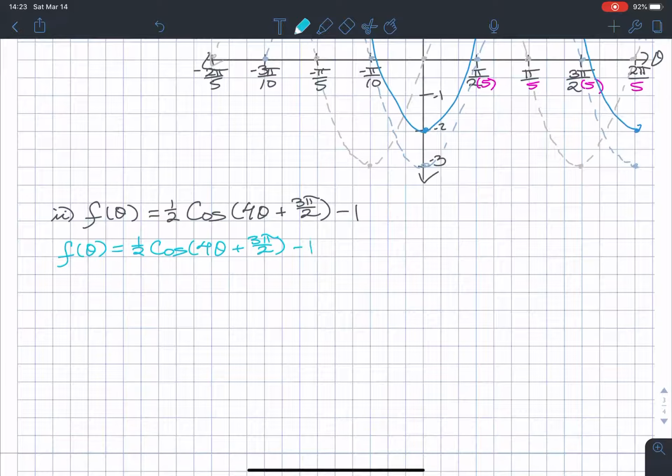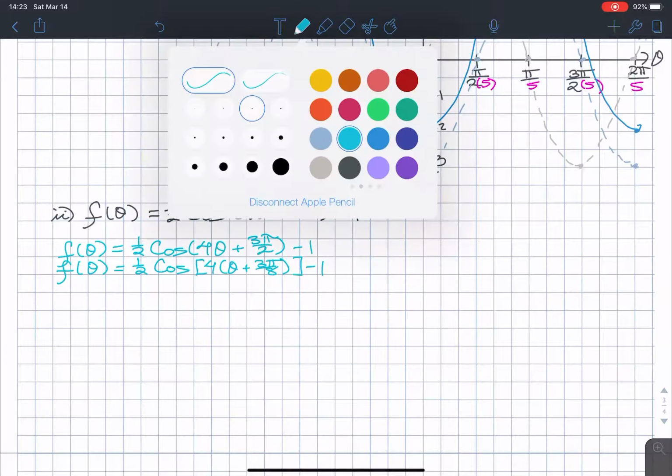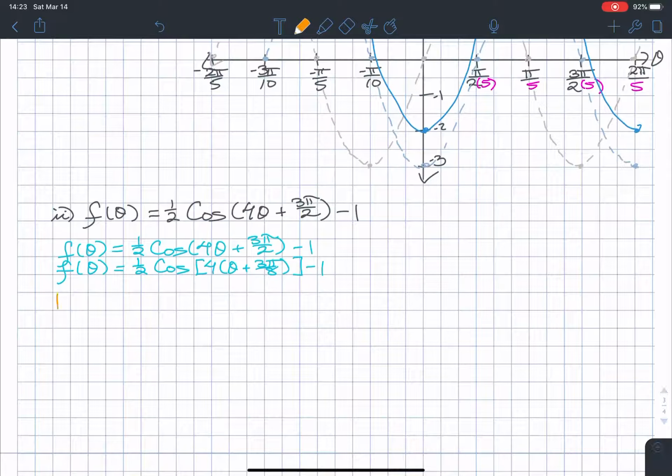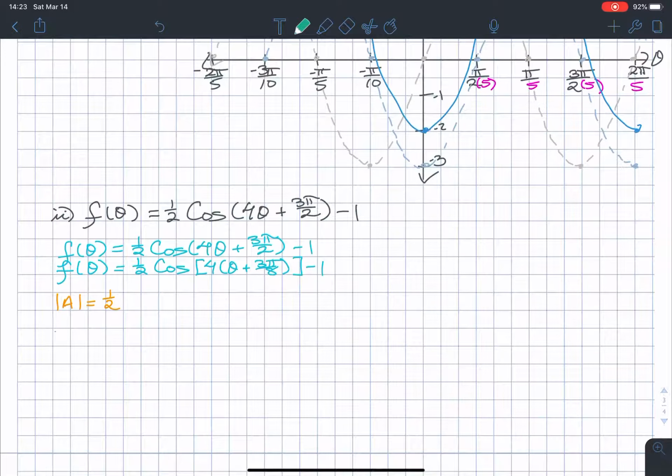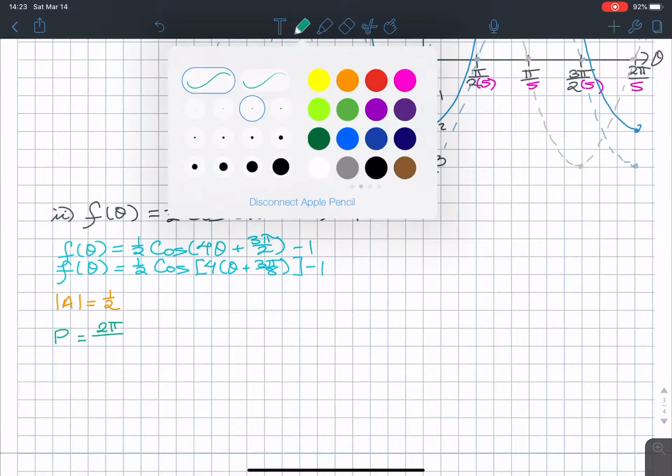quantity minus 1. So I'm going to factor out the coefficient of theta. That is 4. So what remains is theta plus 3 pi over 8. So what do I have? I have that the amplitude is 1/2. I have that the period is 2 pi divided by 4.